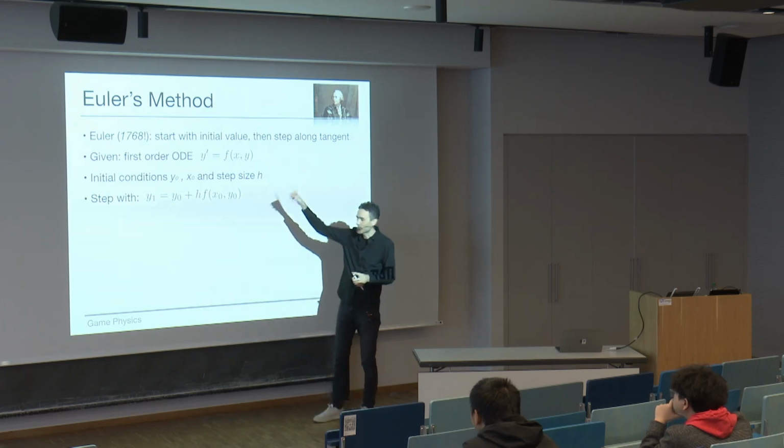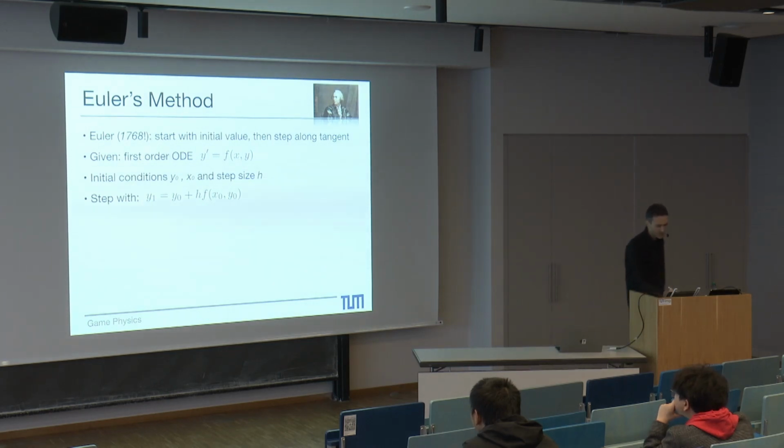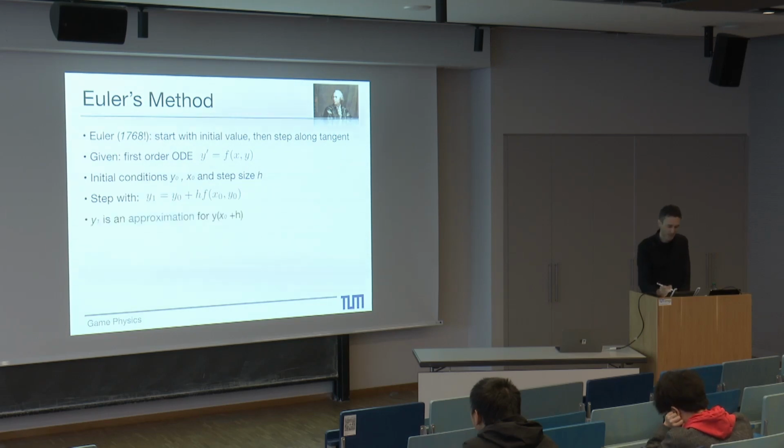Keep in mind we have this ODE set up, so our derivative is given by this f here. As repeated up there, this gives us the derivative, so the tangent, and then we have the step size h here. Knowing the tangent, we're making a step by h in this direction. This tells us the steepness of the line, and then we just go forward by h.